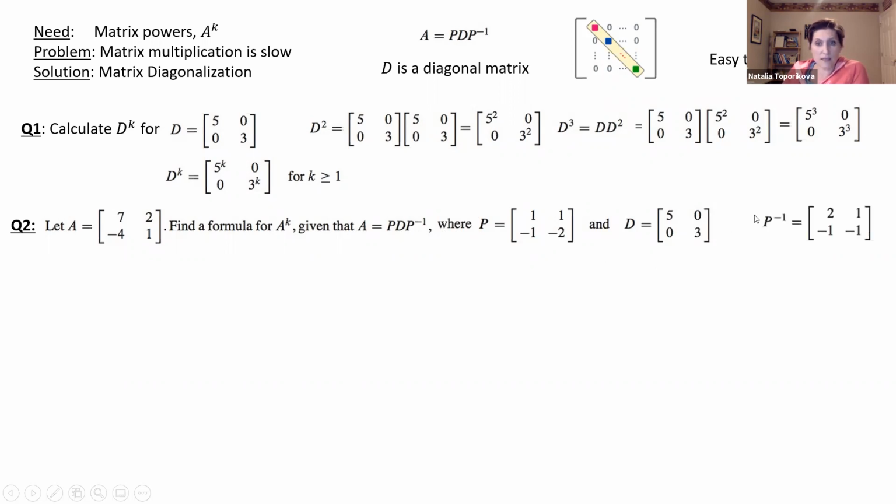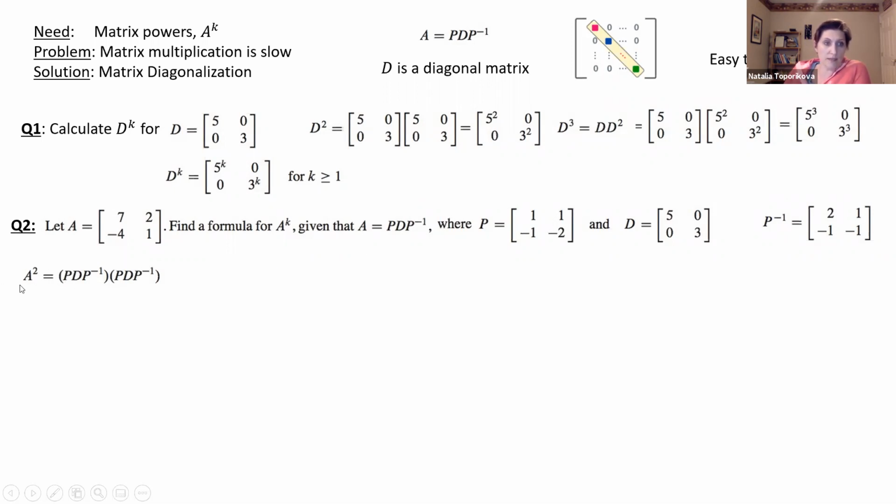Okay, let's try to do it by first calculating the inverse of our matrix P. Okay, so now we have P, P inverse, and diagonal matrix D. So we can form matrix A and raise it to any power we want. Let's just start with the square.